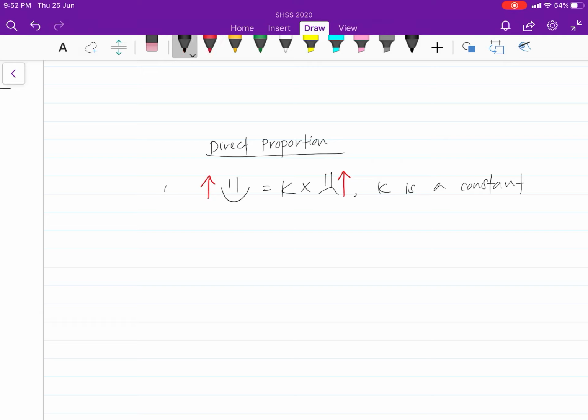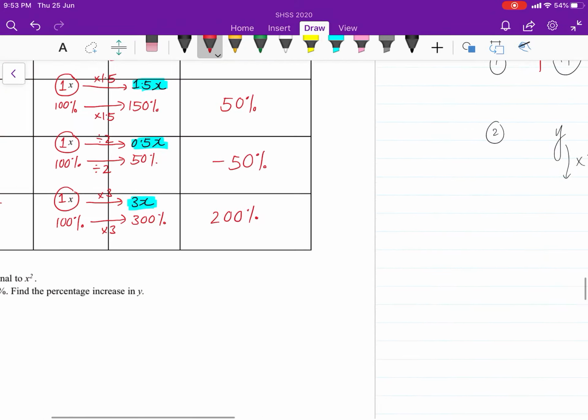That is the first concept. Second concept, remember in the previous session I did this, y equals k times x squared. When x increases by 2 times, y will increase by 2 squared times because of this square over here. This is the concept that we are going to focus on today.